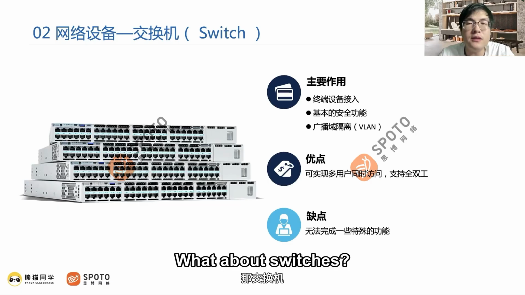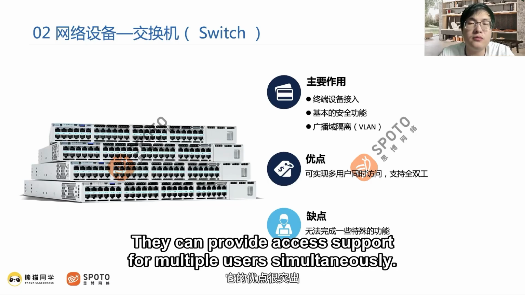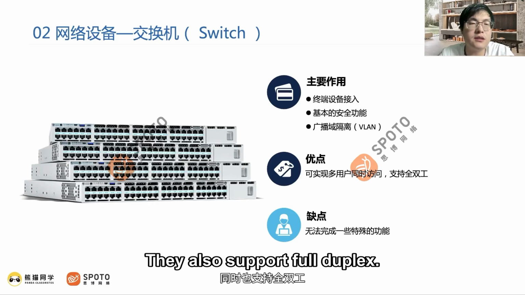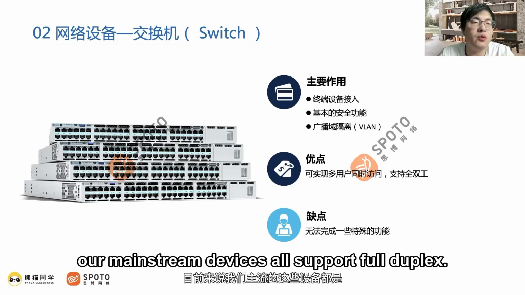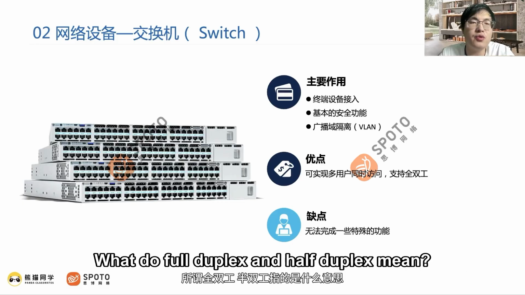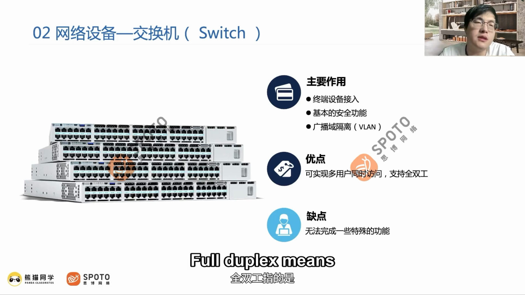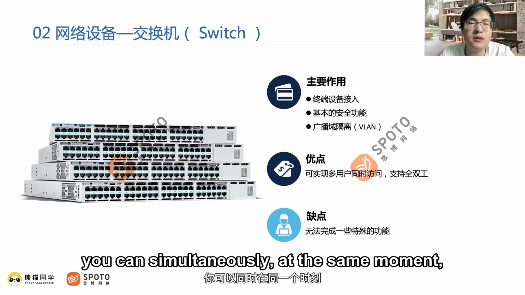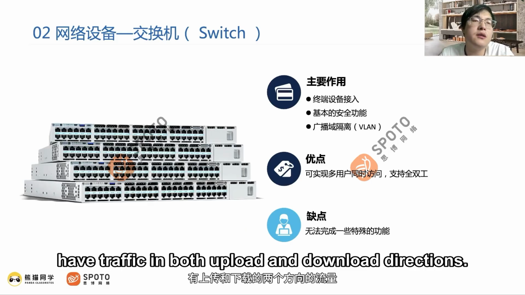What about switches? Their advantages are outstanding. They can provide access support for multiple users simultaneously. They also support full duplex. Currently, our mainstream devices all support full duplex. Half-duplex devices are old equipment from decades ago. What do full duplex and half-duplex mean? Full duplex means you can simultaneously, at the same moment, have traffic in both upload and download directions.